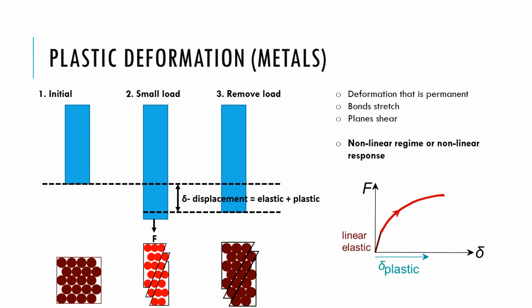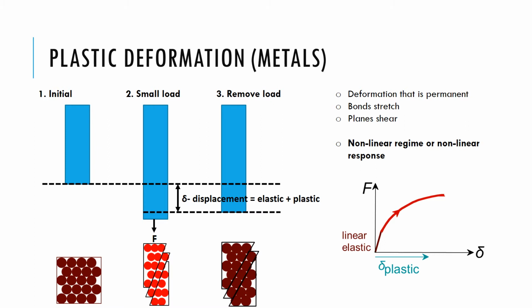Now, if you compare that to the plastic deformation of a material, we're now talking about some kind of deformation that is permanent, that cannot be reversed. So we place a material under a slightly larger load now, and we enter this plastic deformation region, and the material once again is displaced to some degree, dependent on the load that we place upon the material in question.